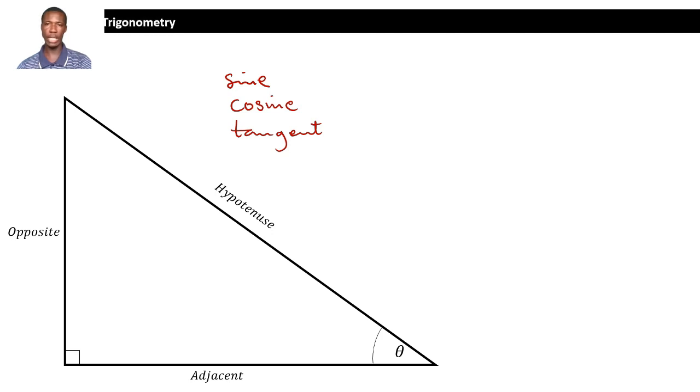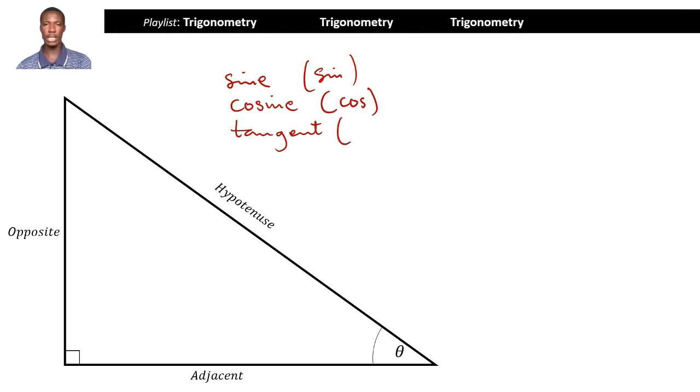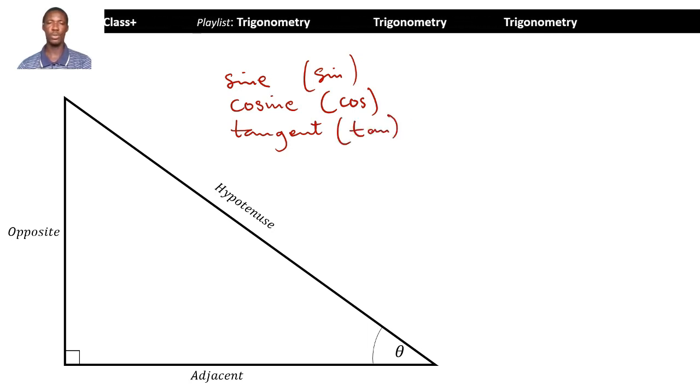We will talk about them later. Now sine is shortened as sin, cosine is shortened as cos, and then tangent is shortened as tan. So these are the short forms. So when I write them, you should be familiar with them.